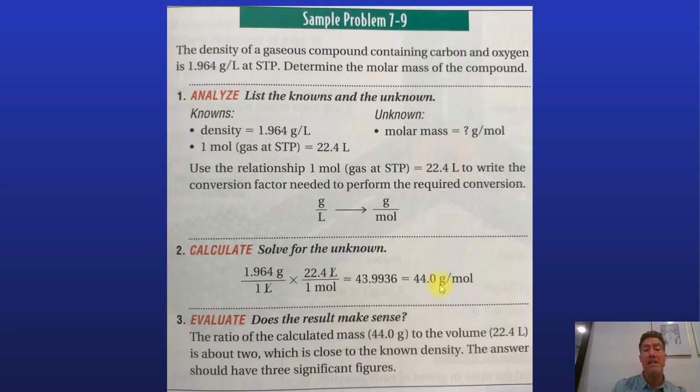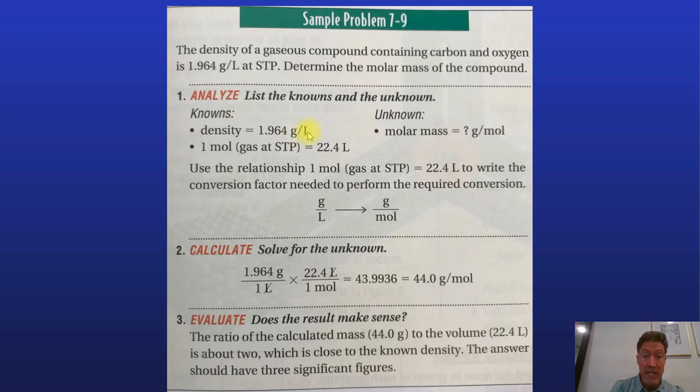All right, another problem. The density of a gaseous compound containing carbon and oxygen is 1.964 grams per liter at standard temperature and pressure. If you ever see standard temperature and pressure, you should think to yourself, hey, molar volume, 22.4 liters. Determine the molar mass. Now remember, density is grams per liter, and we're trying to go to molar mass, which is grams per mole. Right?